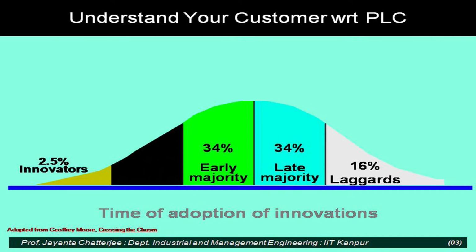On the other hand, the 34% in the next segment, the early majority, and even the next stage, the 34% of the market which is the late majority, are people who are increasingly risk averse.